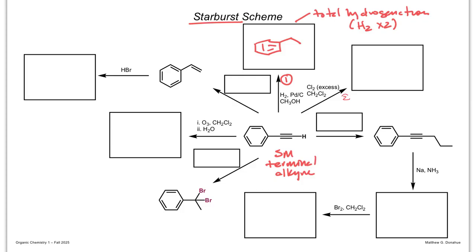So if we move around clockwise, we're next using chlorine in excess. So that will do a chlorination, and each carbon atom is going to get 2 chlorines.